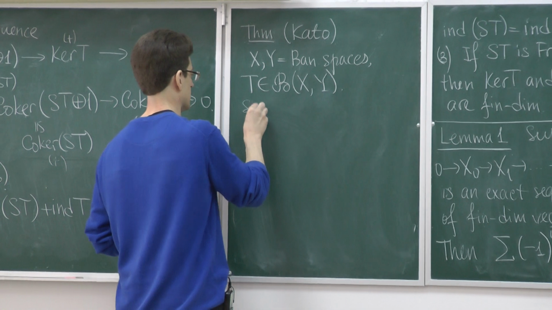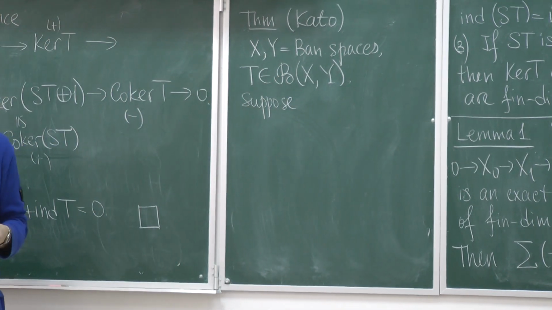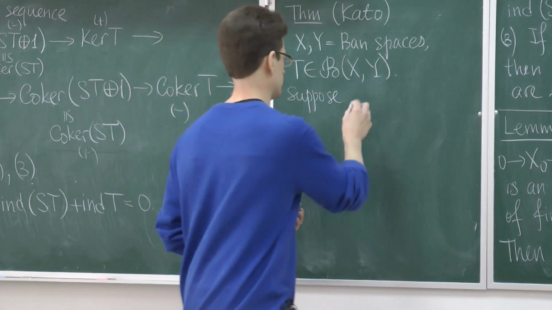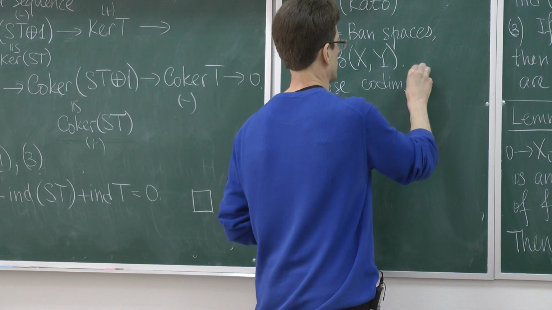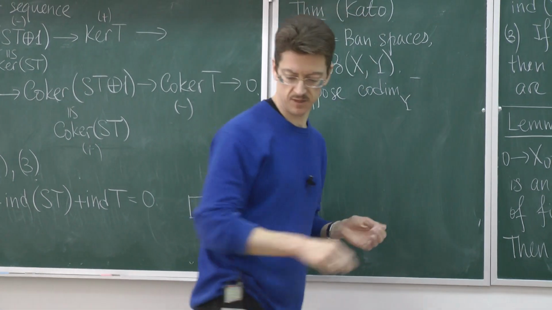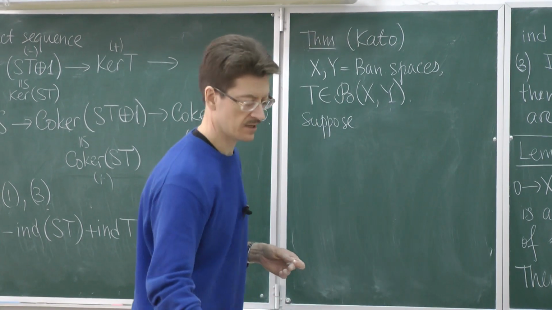And suppose that the image of T has finite codimension in Y. Or equivalently, this means that the cokernel of T is finite dimensional.